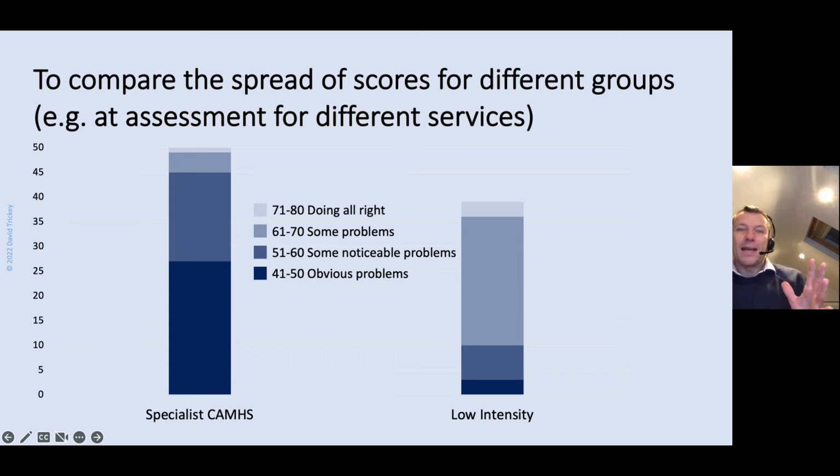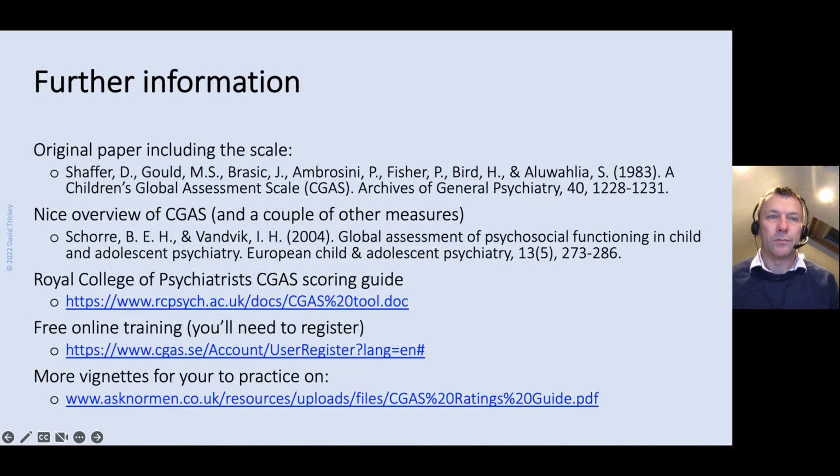So they're doing better, generally speaking, and there may be a few more that are doing all right. This isn't a competition, but it's about working out how severe the difficulties are, and what sorts of people are reaching different services.